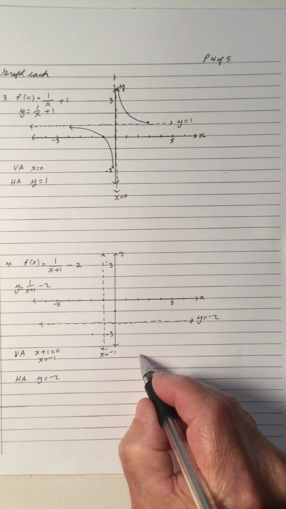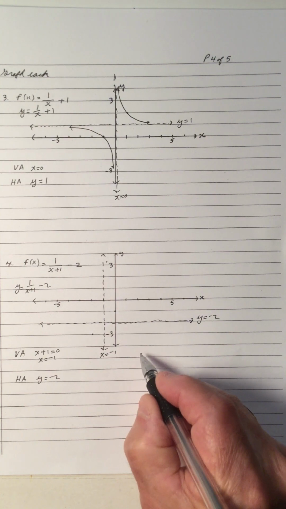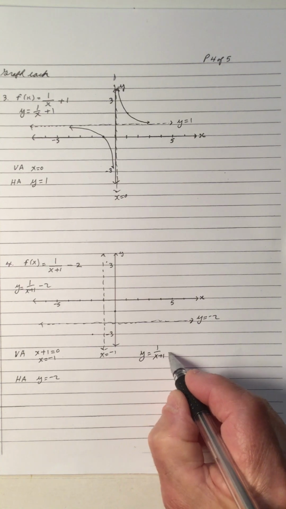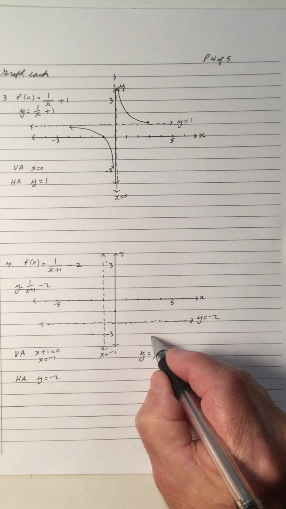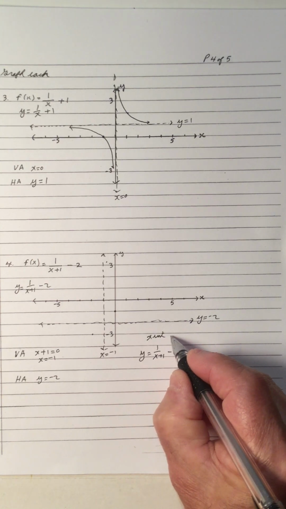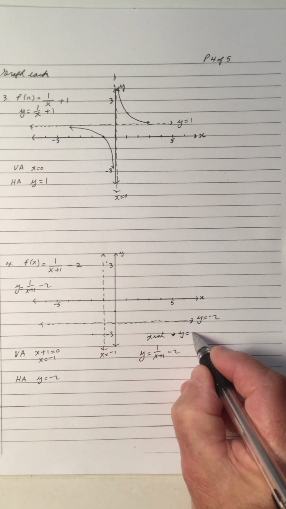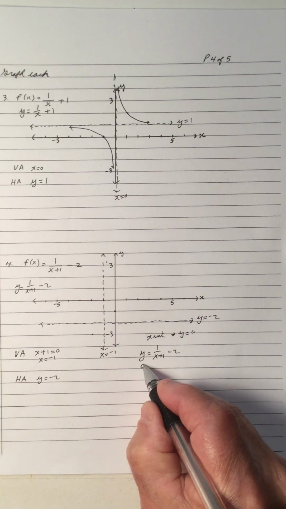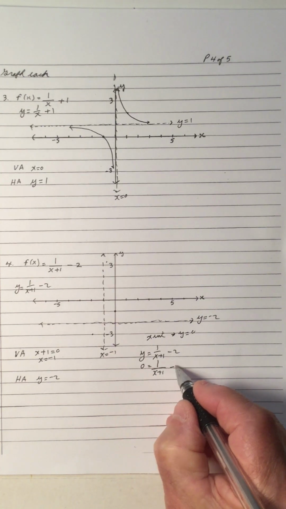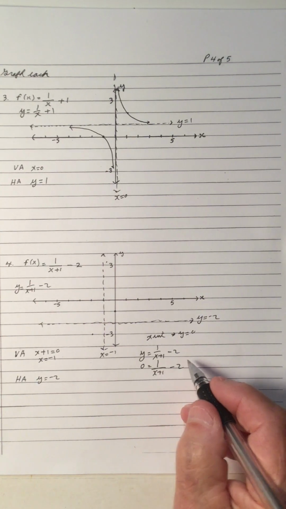So let's let y equal 0. The equation is y equals 1 over x plus 1, minus 2. We're going to find the x-intercept, and the x-intercept is when we let y equal 0. So 0 equals 1 over x plus 1, minus 2. Now we solve this.